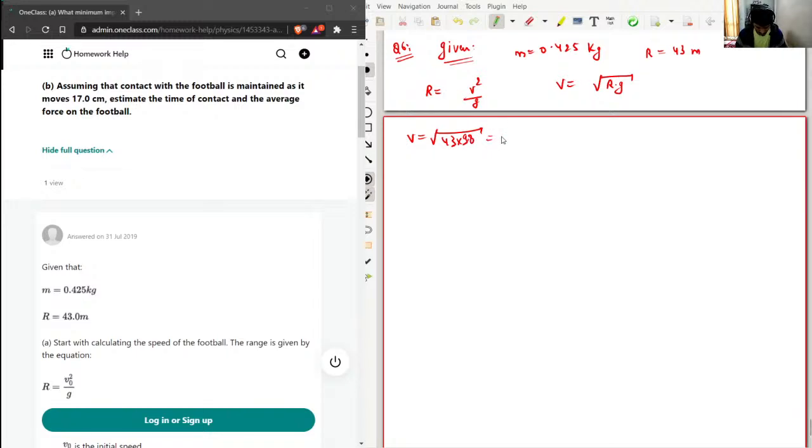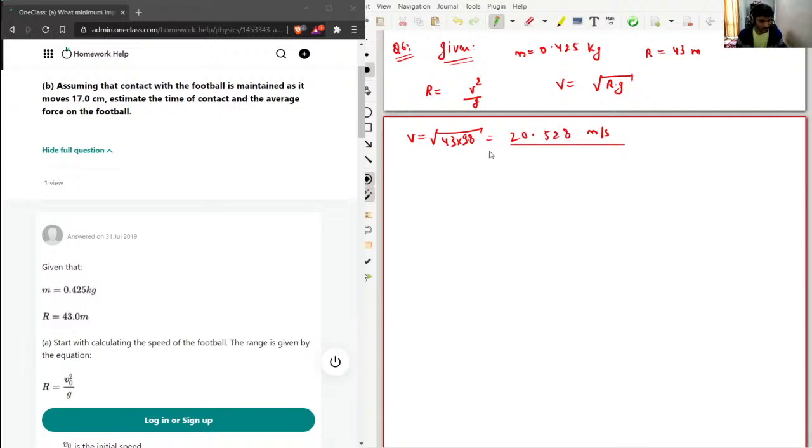This will be 43 into 9.8, square root of answer. This is 20.528 meter per second.